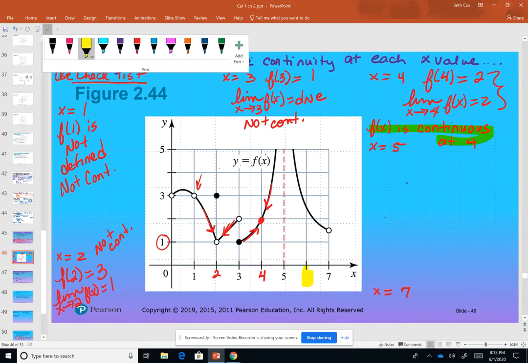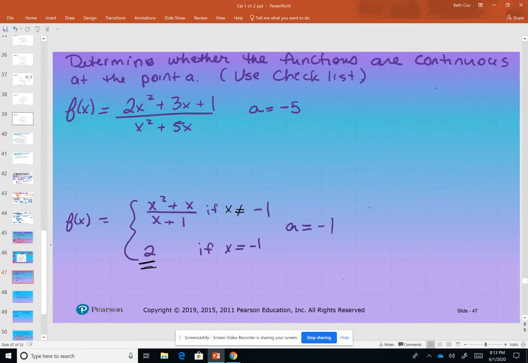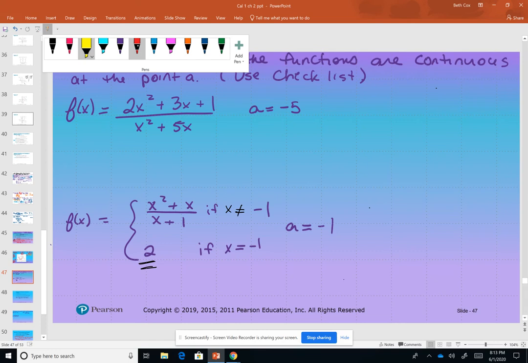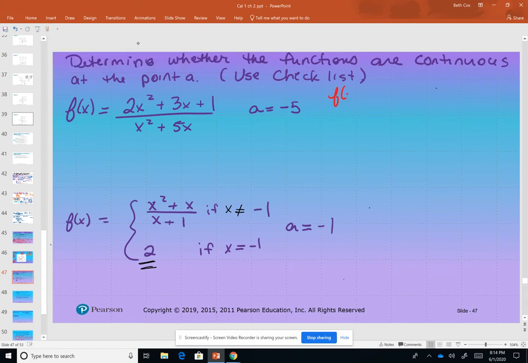Okay, so now we're going to do the same idea with a function that we have here. We're going to do our checklist once again. So we'll do f of negative 5. Well, I can't plug in negative 5.